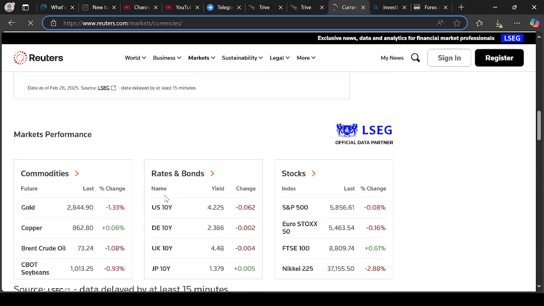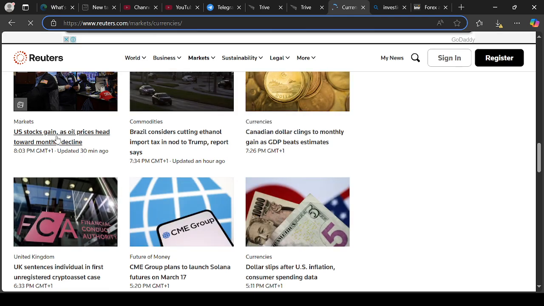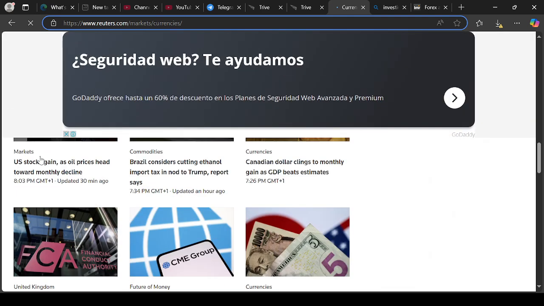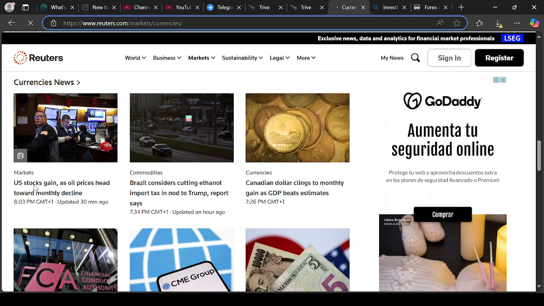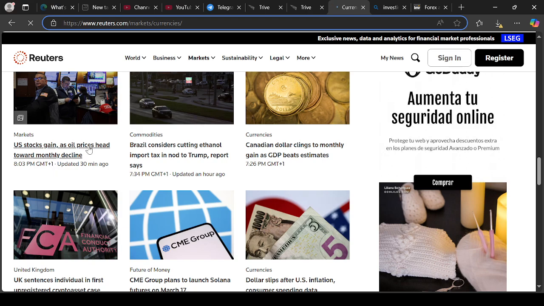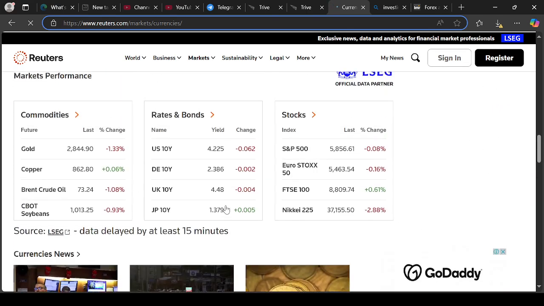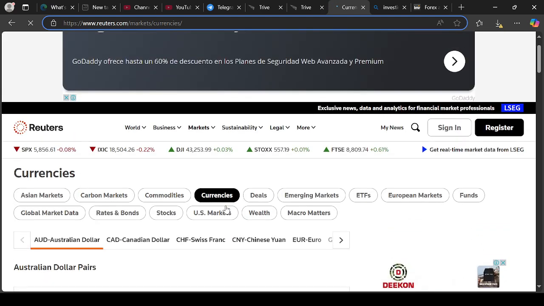As you can see, this other news is on stock. US stocks gain. So this is where you get your news, your general market news.